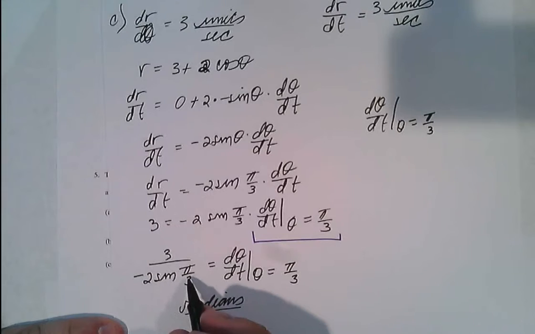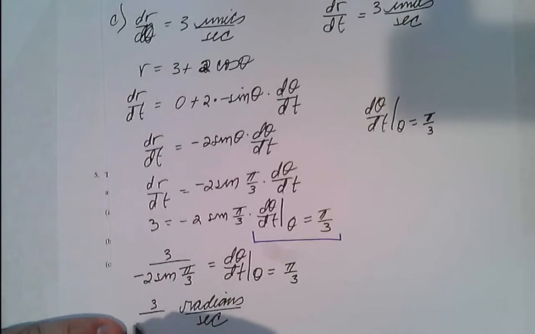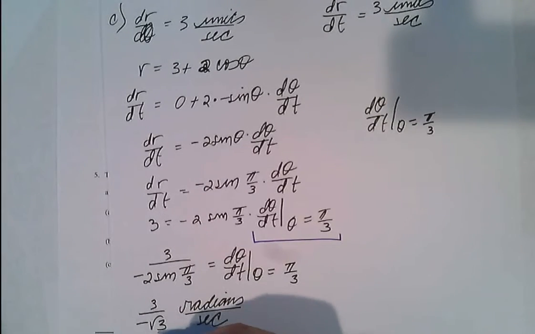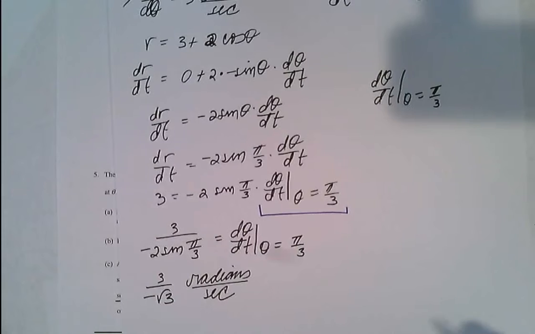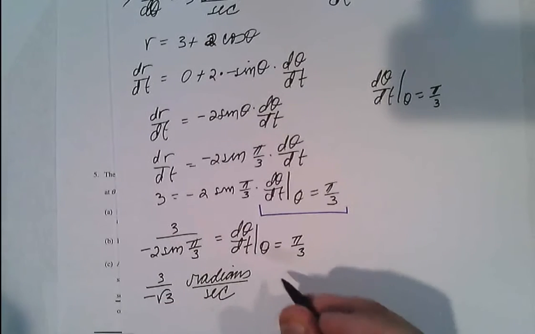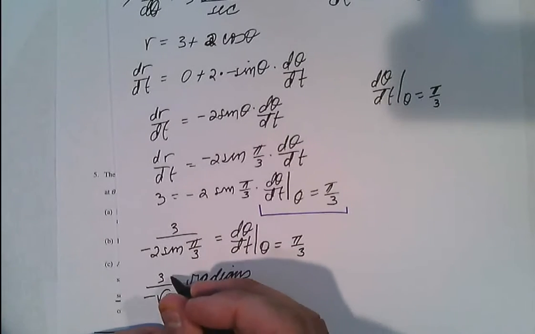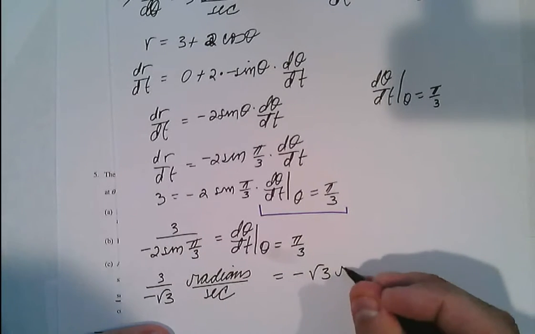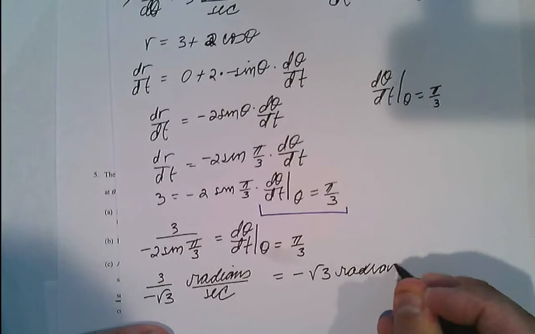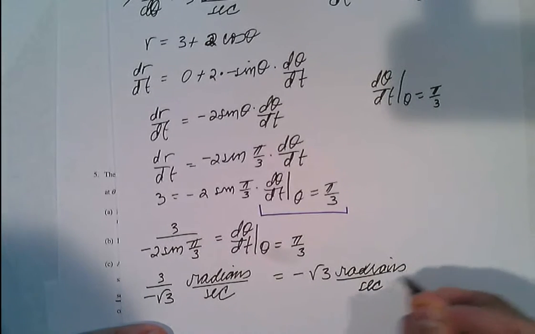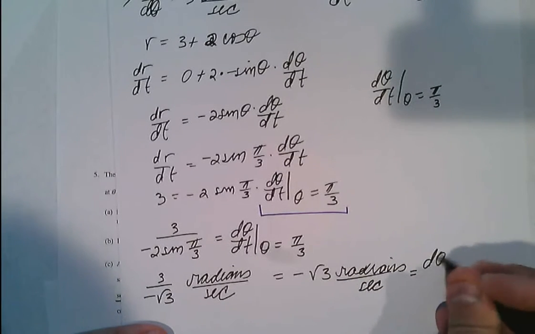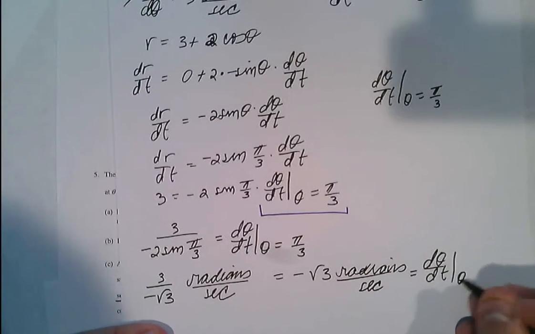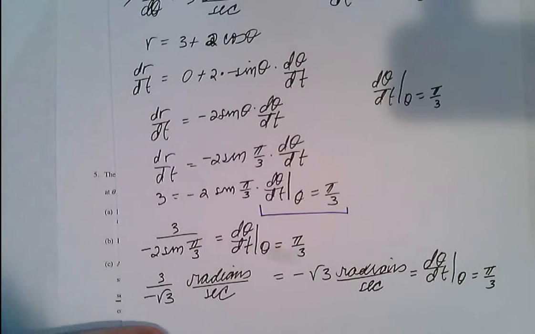The square root of 3 over 2. Negative 2 times square root of 3 over 2 is going to be negative square root of 3. If you want to go further with the simplification, feel free, but it's not necessary. You could multiply by square root of 3 over square root of 3. Ultimately, what you're going to get is negative square root of 3 radians per second is your value of d theta dt when theta equals pi over 3.